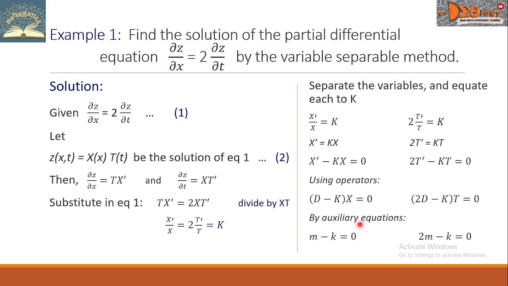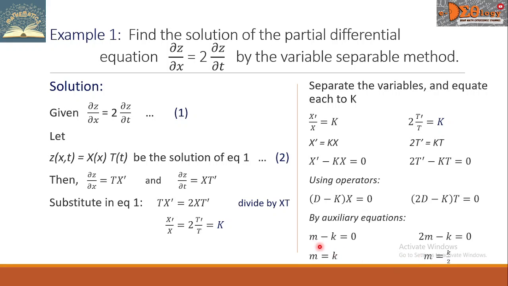Then we use the auxiliary equations. In the first equation here, we have m minus k equals 0. For the second equation, we have 2m minus k equals 0. Let us solve the m respectively. The first is m equals k, and the second is m equals k over 2.